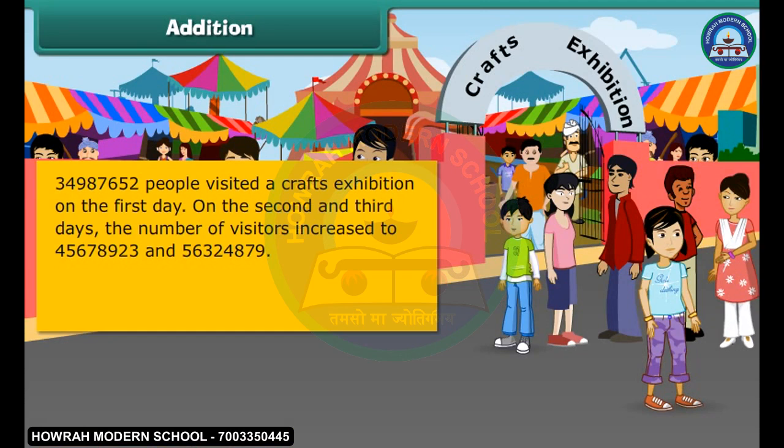Let us now look at a word problem of addition. 34987652 people visited a crafts exhibition on the first day. On the second and third days, the number of visitors increased to 45678923 and 56324879. How many people visited the exhibition in all?